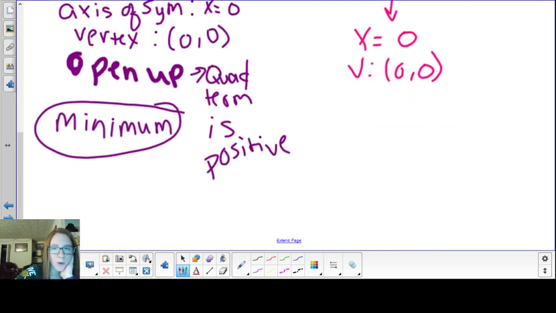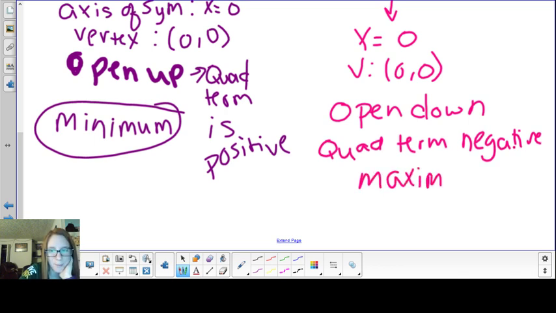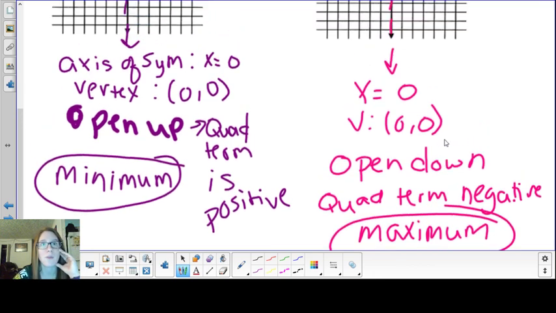You're going to open down when your quad term is negative. And you're going to have a maximum because that's going to be the highest y value you're going to reach.